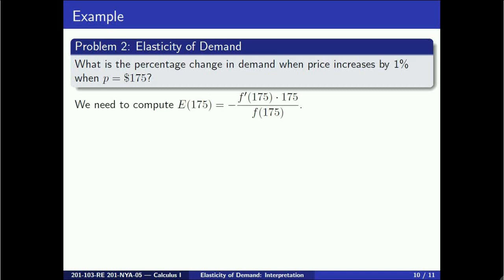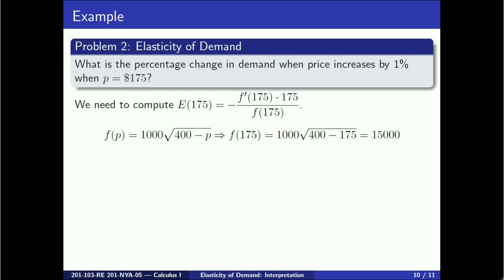We need to compute the elasticity of demand for P equals 175, so E of 175, and that is equal, according to the definition, to f prime of 175 times 175 divided by f of 175. We first need to evaluate f of 175 and f prime of 175.